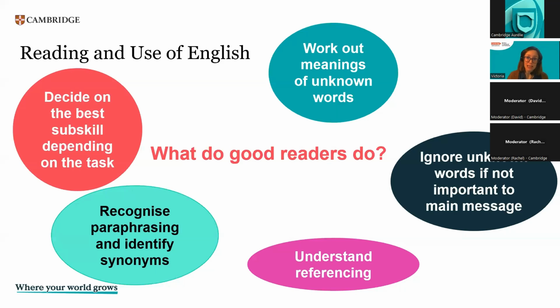But the important thing is that you decide if this word is vital to understand the main message, and if so, you can try to work out the meaning of unknown words based on the context, based maybe on the type of word it is, if it's a noun, if it's a verb, if it has a negative prefix. And if you decide that they are not useful to understand the message, then you happily ignore them and you continue reading.